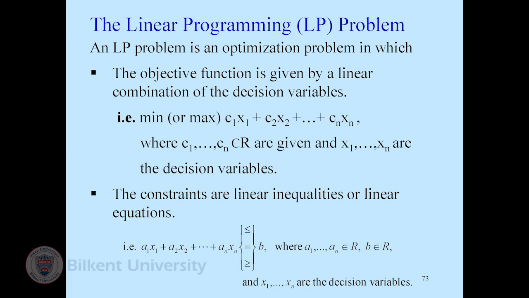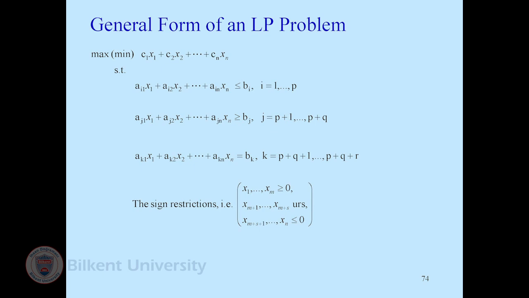Because, again, I need linear forms. And again, x1 to xn are my decision variables. I'm okay in the sign restriction. It could be less than, greater than, equal to, but I need a linear function there. Those are my constraints.